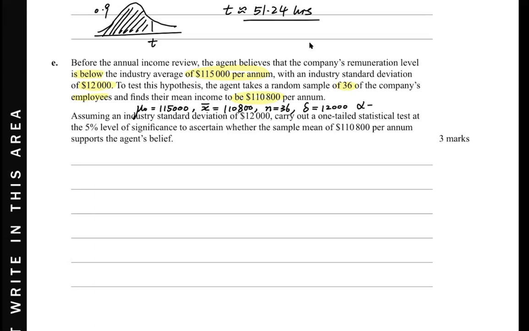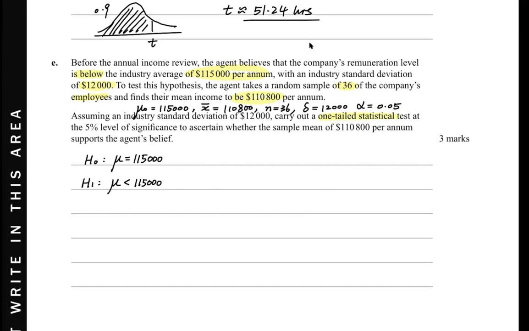Our alpha level is 0.05, okay? So, a one-tailed statistical test. Okay, so let's see. H0 is mu equals 115,000. H1, we are testing it against less than the claimed value.